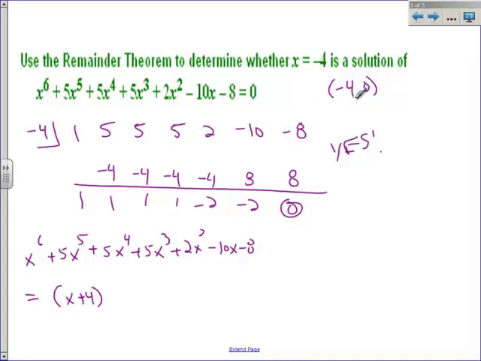If negative 4 is a root, then x plus 4 is a factor. And what's the remainder? Well, all of this stuff right here. We divided an x to the 6th, so I'm going to get a 1x to the 5th plus an x to the 4th plus an x cubed plus an x squared minus 2x minus 2. The remainder is 0. So what I've done is I'm starting to break down this polynomial into smaller pieces.